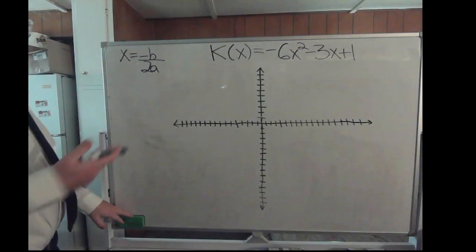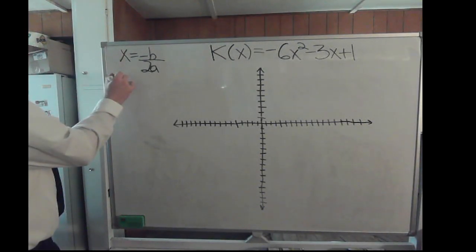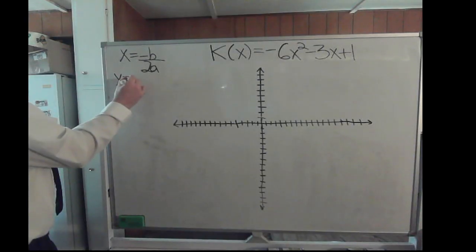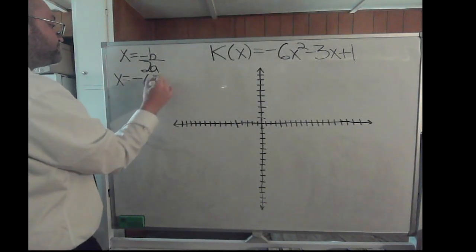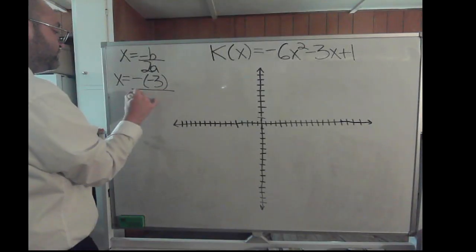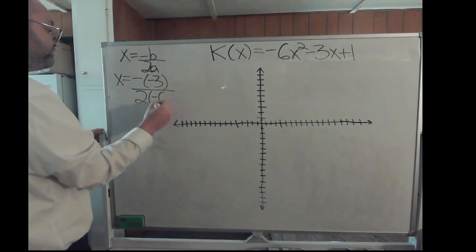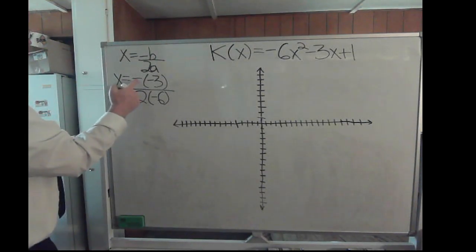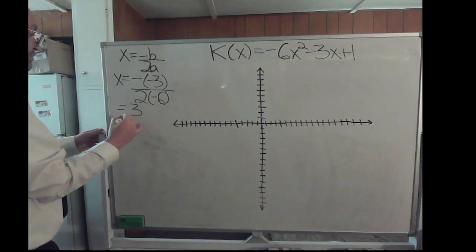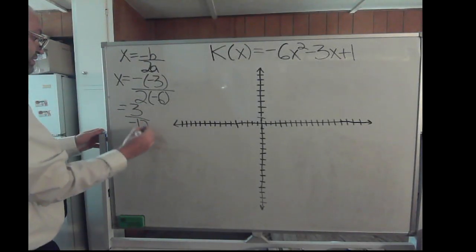Well, let's find the x-coordinate of the vertex. x equals negative b over 2a, so x would equal negative of negative 3 over 2 times negative 6. Which would equal, well, negative of negative 3 is positive 3, over 2 times negative 6, that's negative 12.